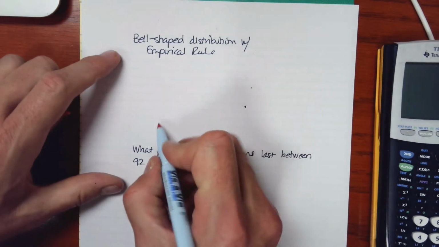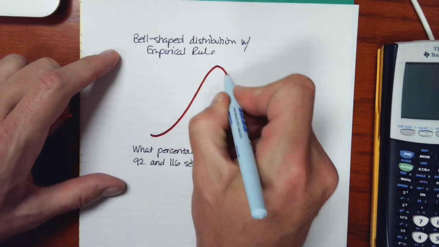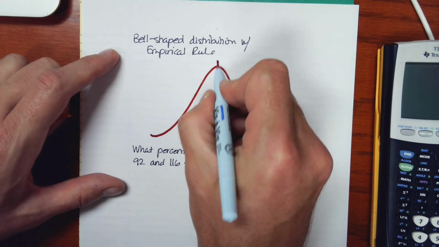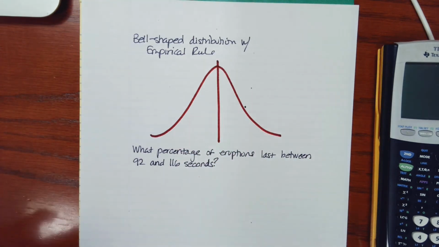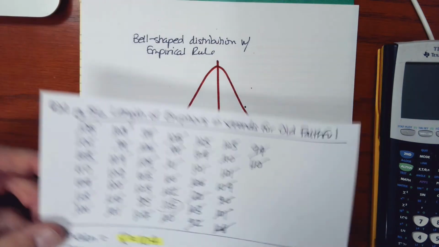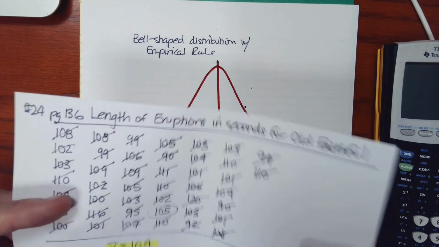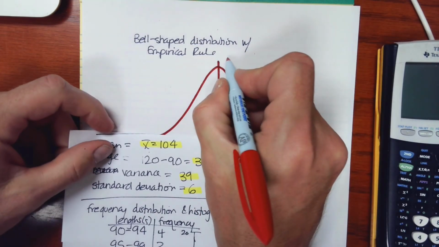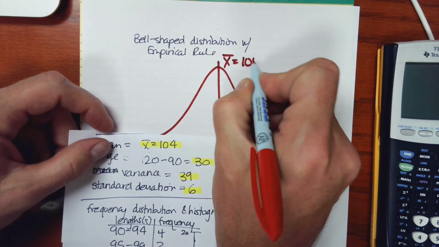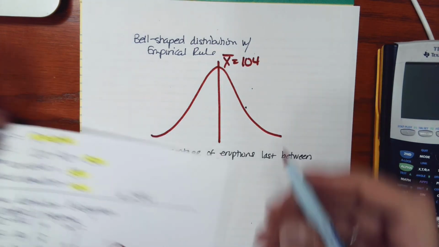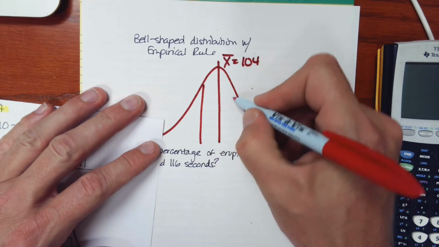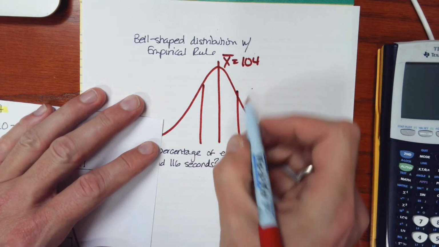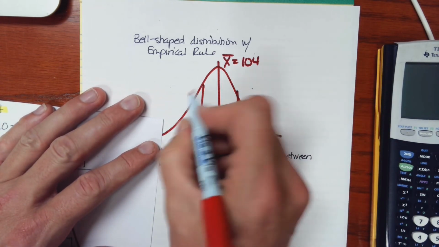So I'm going to sketch a new bell shape, and in the middle, I'm going to label this with the mean for our eruption times. So that's X bar is 104. And the standard deviation is 6. So when I go one standard deviation in either direction, I would either add or subtract 6.